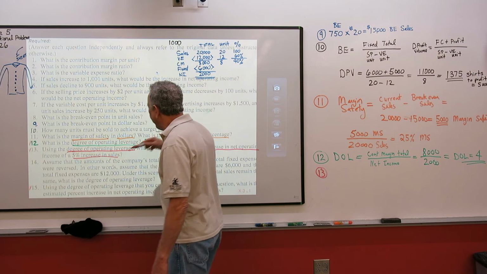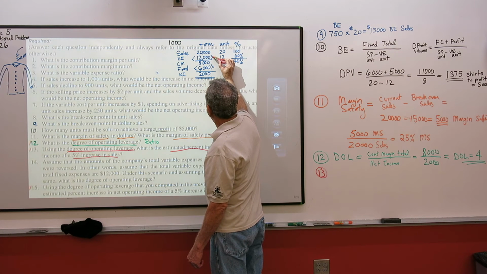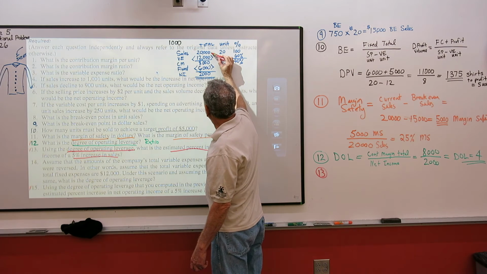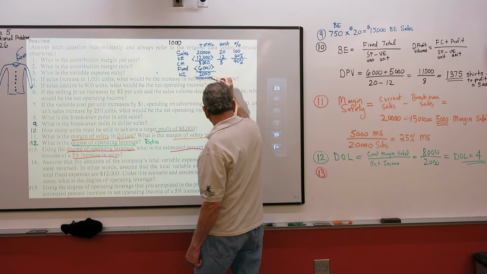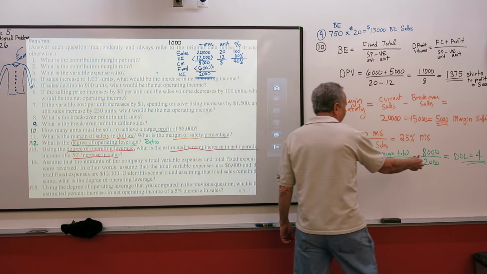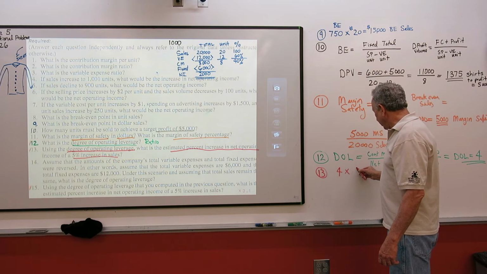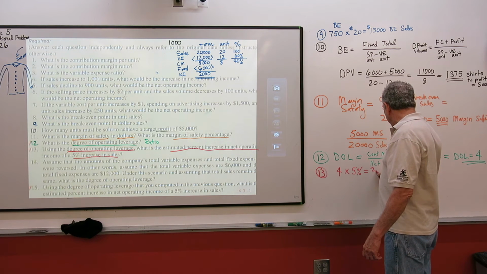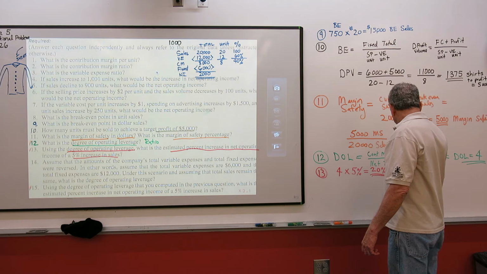If sales go up 5%, variable expenses go up 5%, contribution margin will go up 5%, but fixed costs won't go up at all. And that means that 5% is going to be much greater in net income. You're going to have a bigger than a 5% increase. What will that be? Well, your degree of operating leverage has told you. You can take the 4 times the 5%, and you will get an increase of 20% in net income.